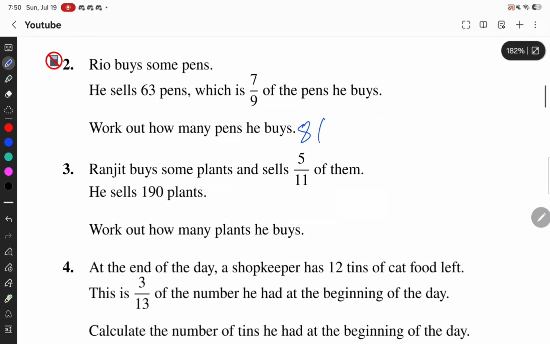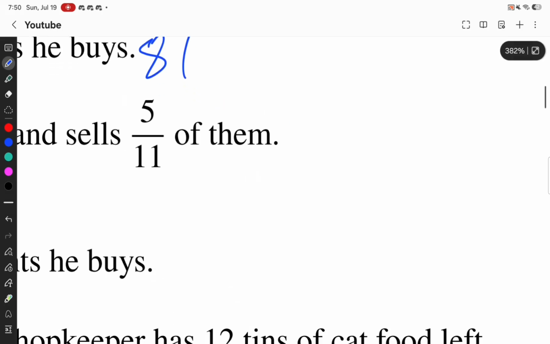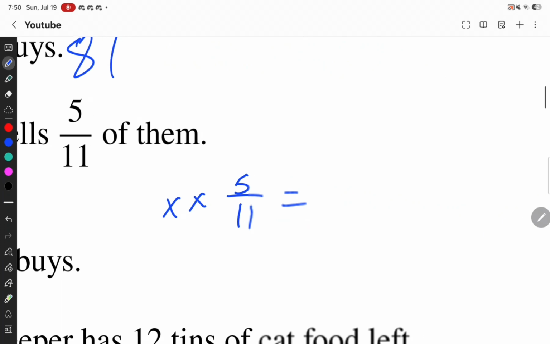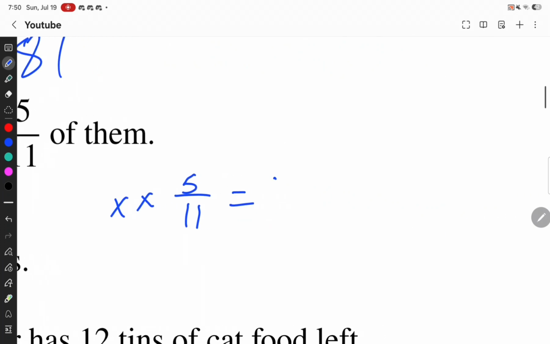Ranjit buys some plants and sells 5/11 of them. He sells now 190 plants. Work out how many plants he buys. Okay, he bought and he sold 5/11 of the plants. How many he bought? X. He sold how many? 5/11 of the quantity. And how many were those actually? 190.